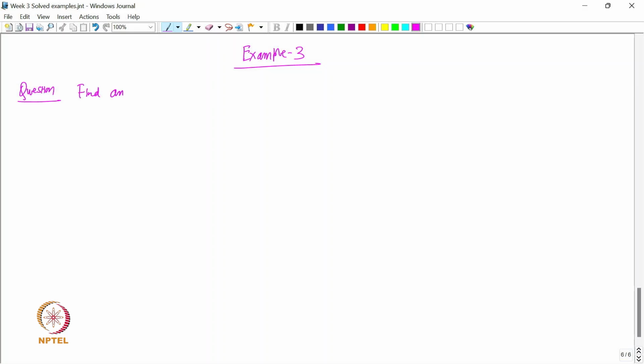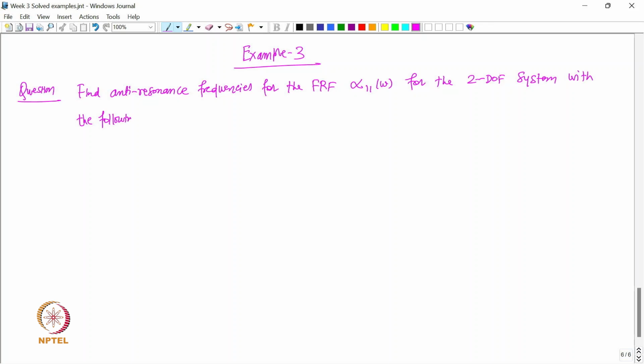Find anti-resonance frequencies for the FRF alpha 1 omega for the 2 degree of freedom system with the following model.